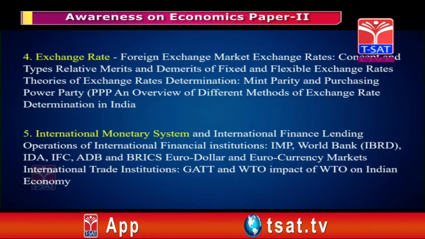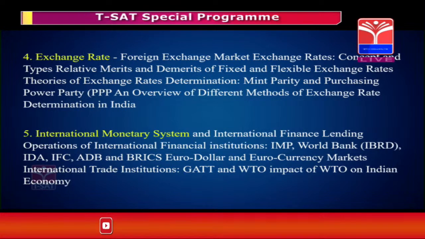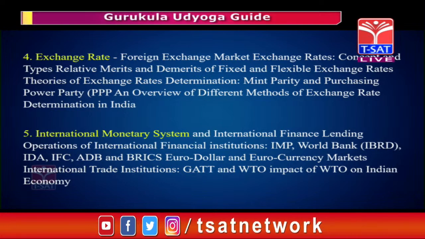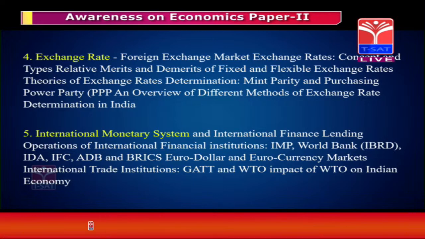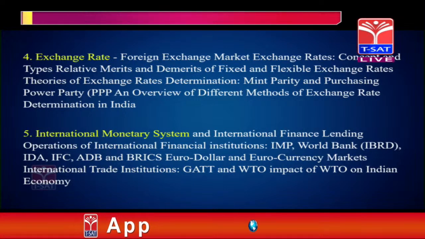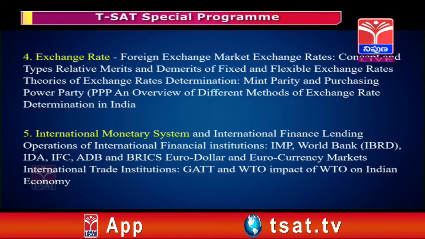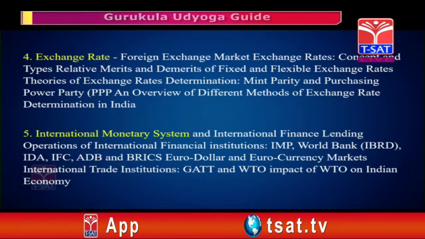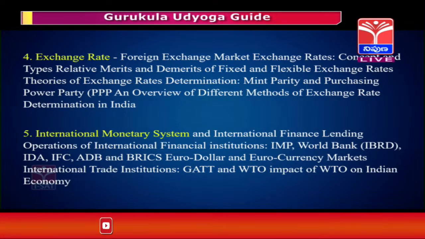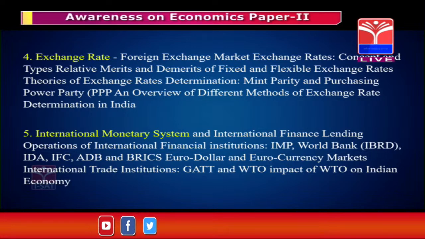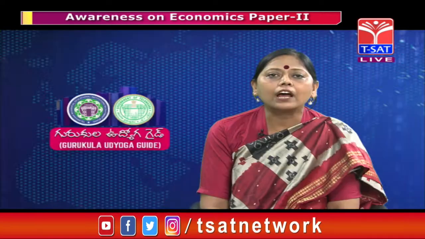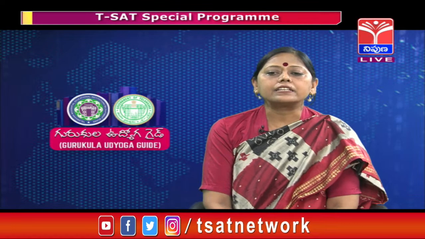Similarly, IDA, these are various institutions formed and established for funding various activities in the world economy. Apart from that, we have another important organization, the WTO, the World Trade Organization, which was formed after converting GATT into WTO on January 1, 1995.